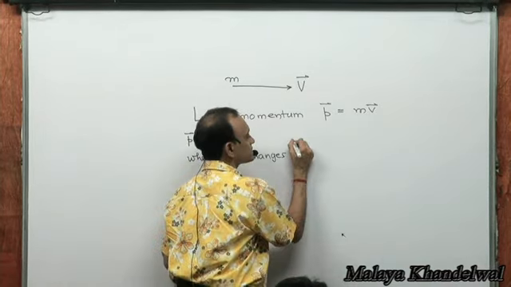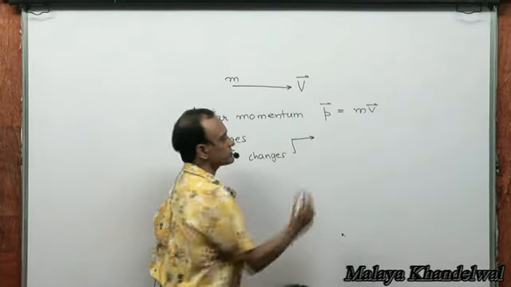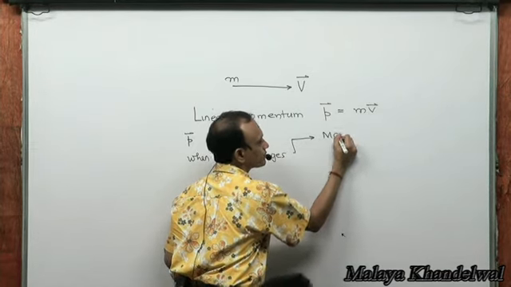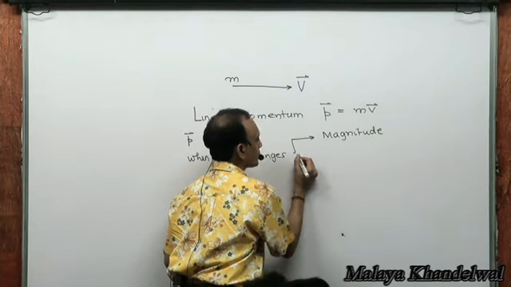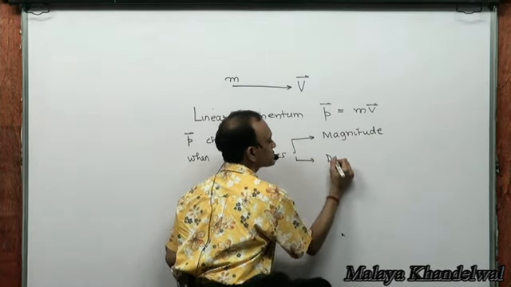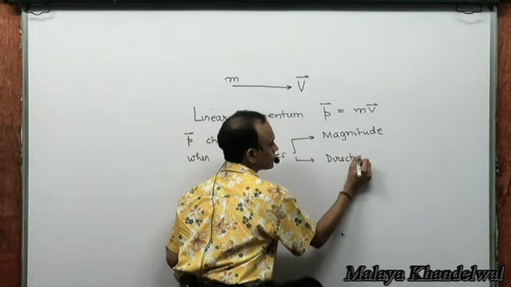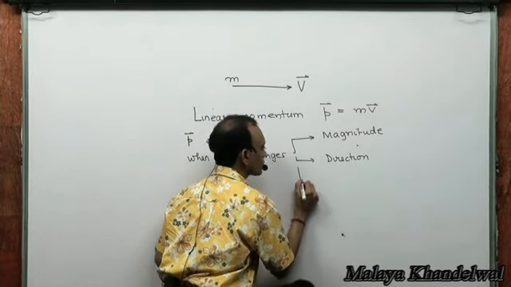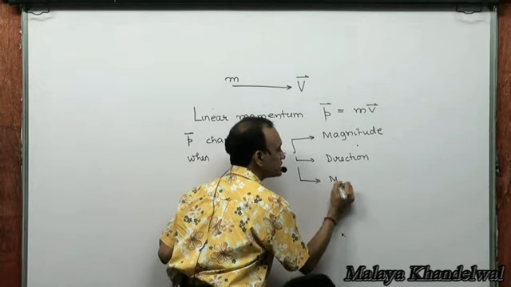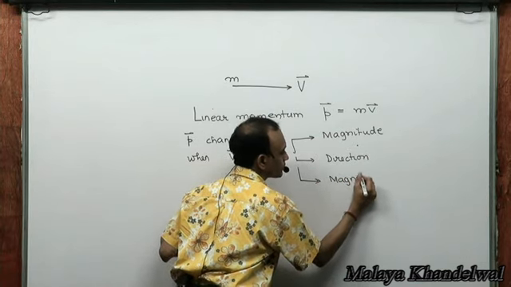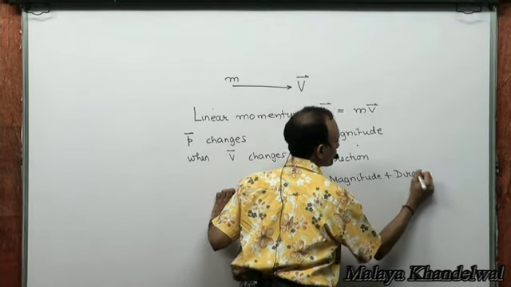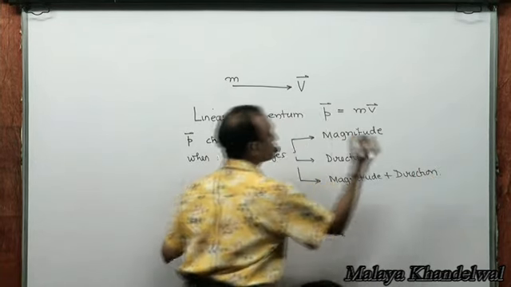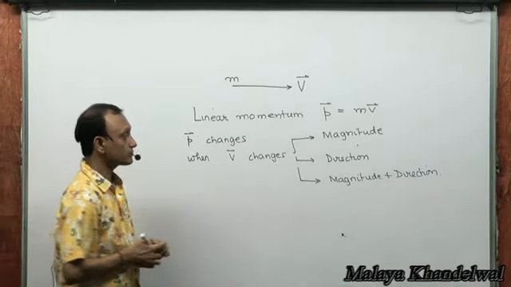V changes owing to the following reasons: change of magnitude, change of direction, and change of magnitude and direction.